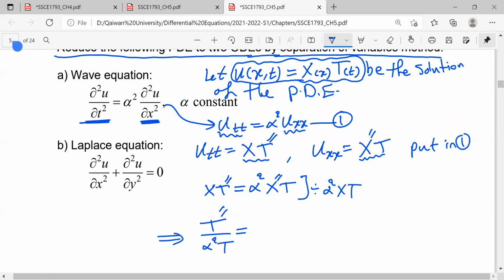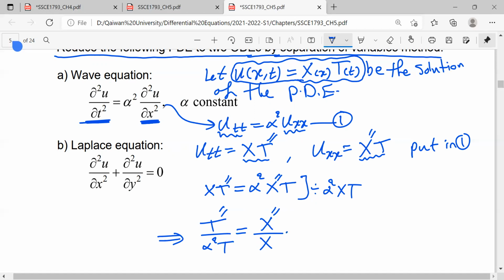If we divide the right-hand side by alpha squared T X, T and T cancel, alpha squared and alpha squared cancel, and we get only X in the denominator. You get X double prime divided by X. Here, we have these two expressions, and they are equal in only one case, if both are constants.